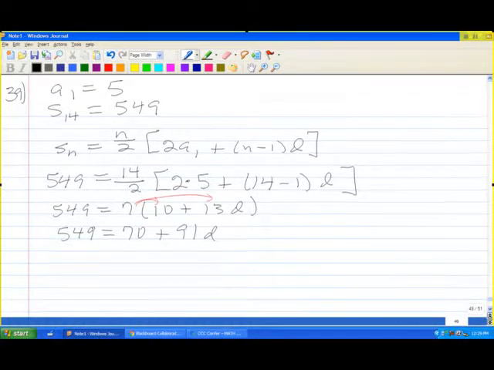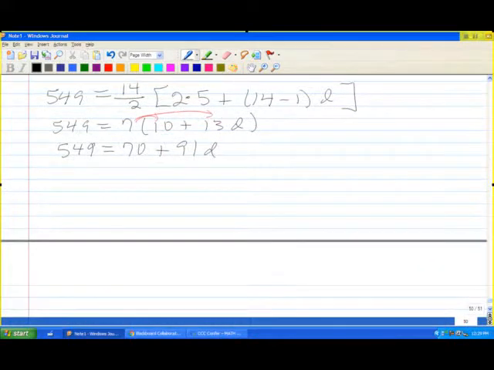Subtract 70 from both sides of my equation. And so 549 minus 70 is 479. Let me divide both sides of my equation by 91.